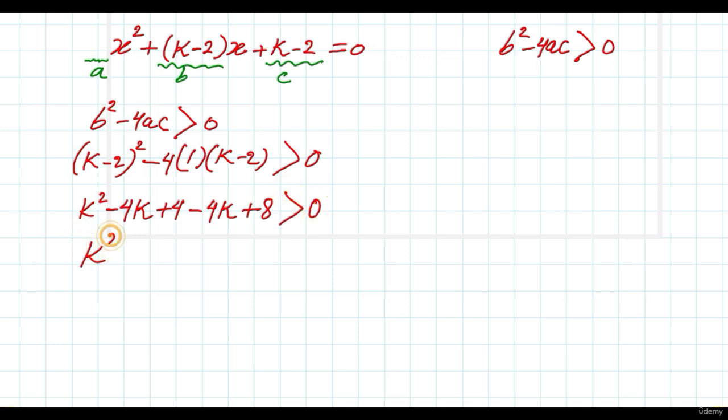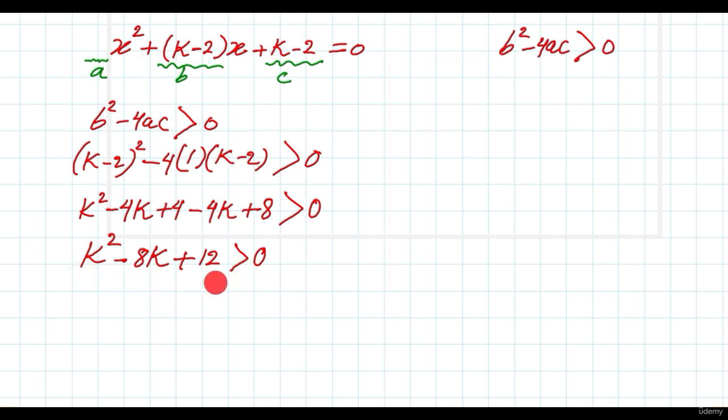Okay, you can further simplify k squared. Then minus 4k with minus 4k becomes negative 8k. And 4 with 8, it's positive 12, which is larger than 0. Therefore, in order to get the condition, which is having two intersection points, this inequality must be satisfied. k squared minus 8k plus 12 must be above 0. It should be positive.